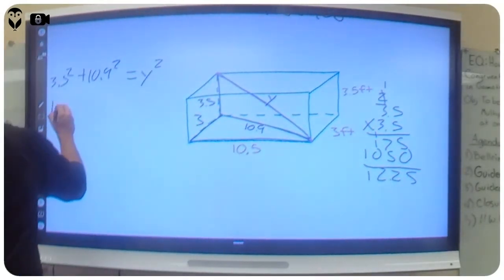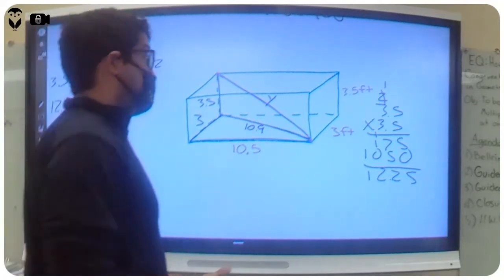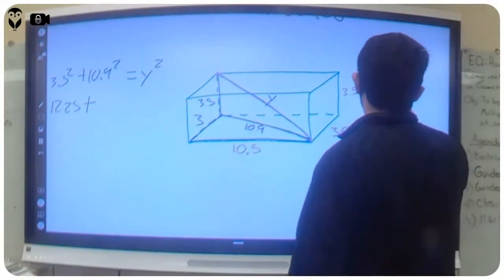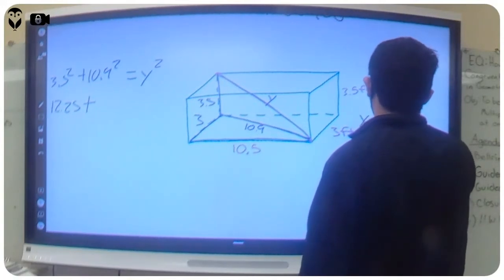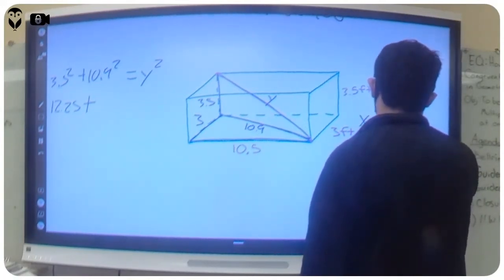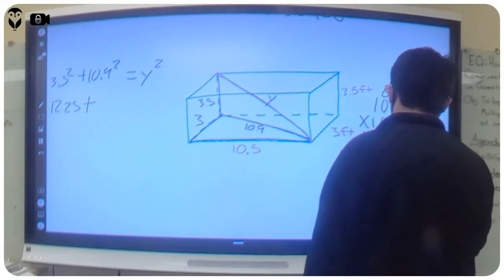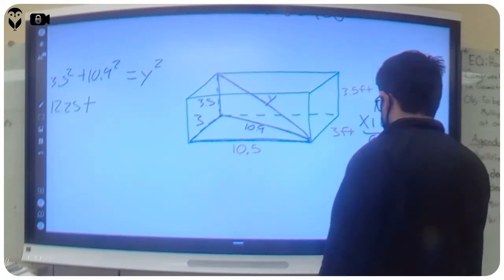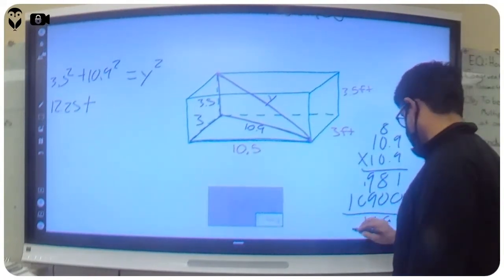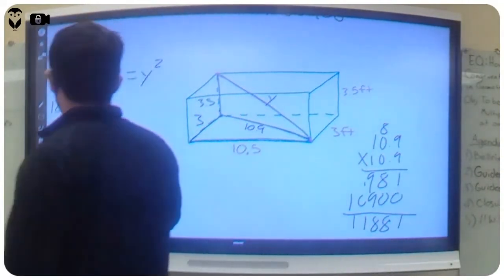So this is going to make 12.25 plus whatever 10.9 times 10.9 is. 10.9 times 10.9 is 118.81.